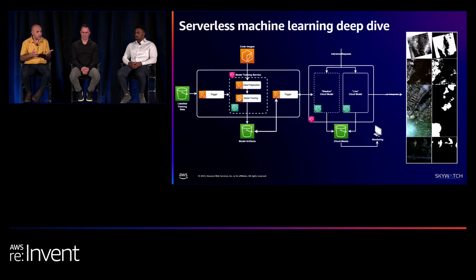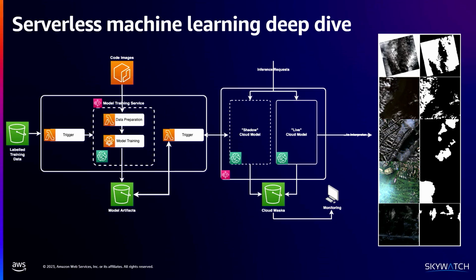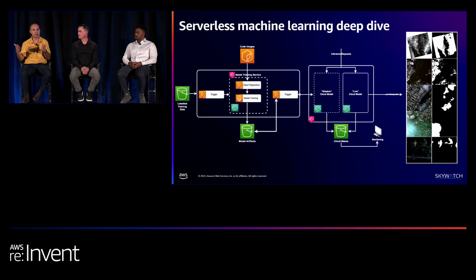And in the machine learning domain, being serverless has really been helpful because we may have a live model that's running and doing our processing, whether it's cloud detection or some other type of machine learning algorithm. And as we iterate on those algorithms and want to deploy new ones for our customers, we often run those in parallel in what we call shadow models beside there.